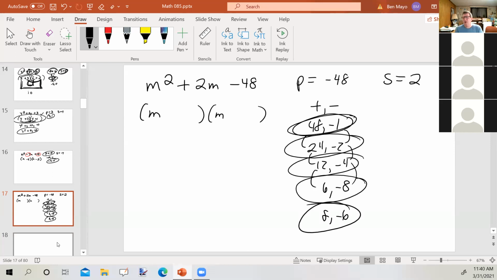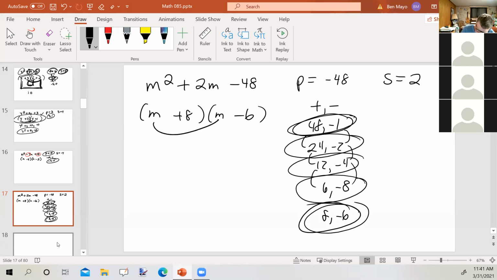Now, the process I went through was kind of lengthy. If you were able to see those two numbers right away, you don't need to write all that down. But if you aren't, this is a way of getting there, working your way towards the finish line, so to speak. So we're going to have a +8 and a -6.